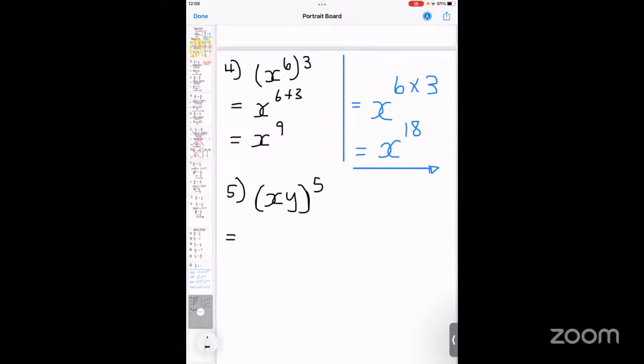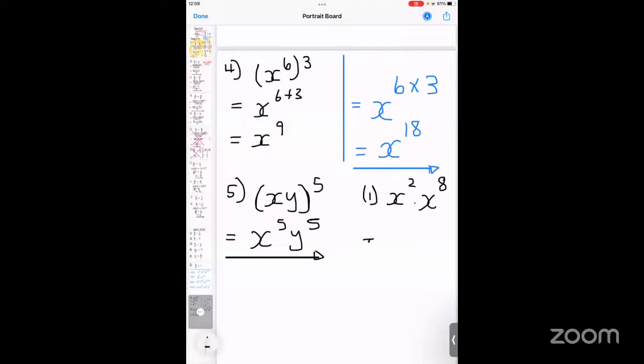The answer of this will be x to the power of 5 and y to the power of 5. Yes, because you multiplied by those invisible ones. I am 100% in agreement with you on that one.